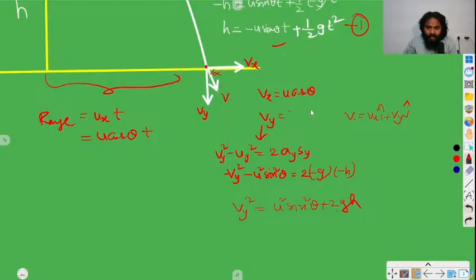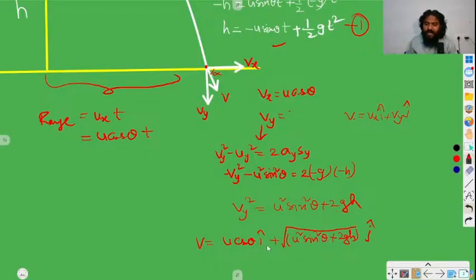And now if you want the vector, v is equal to vx, that means u cos theta i cap, plus root of u square sin square theta plus 2gh j cap. Here the root also should be there because this is vy, not vy square.